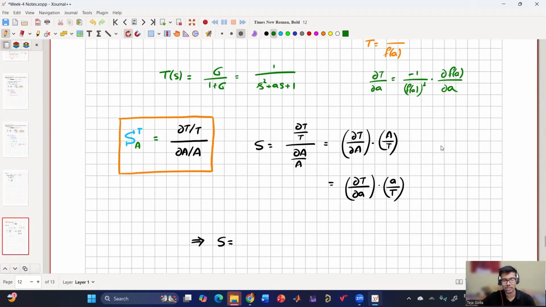So now, can you tell? Minus 1 by f of a whole square.